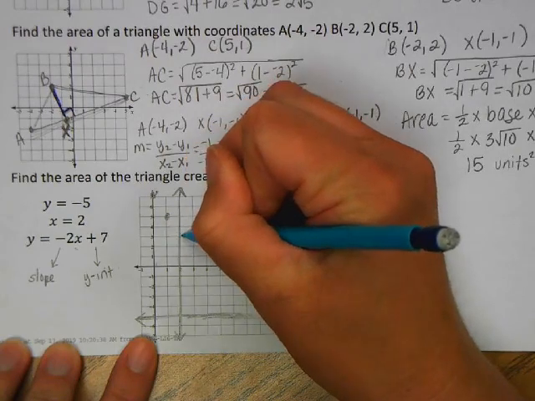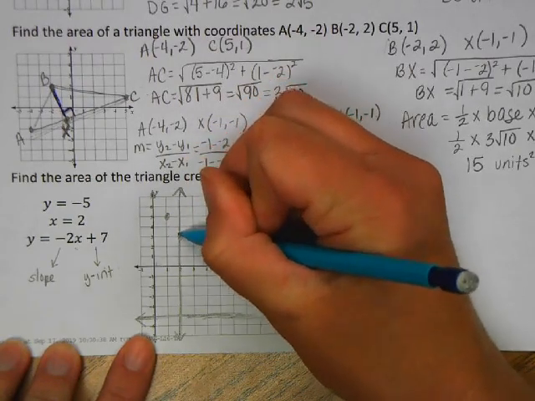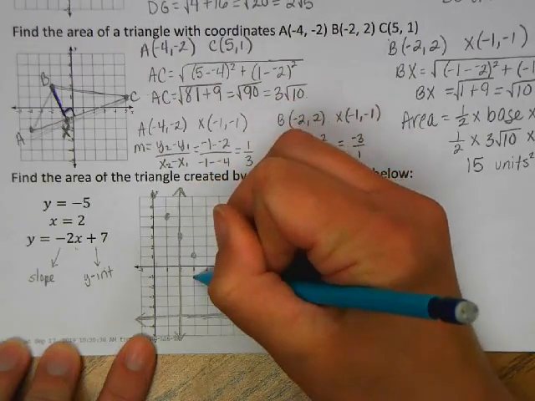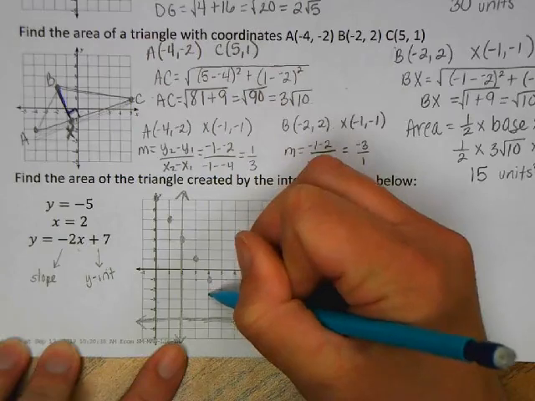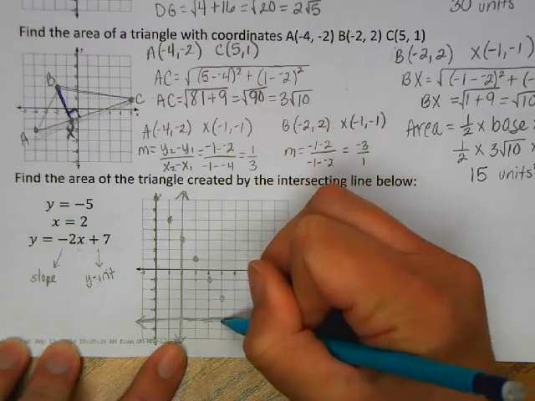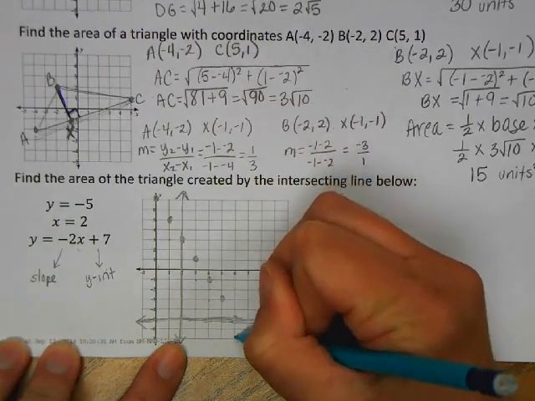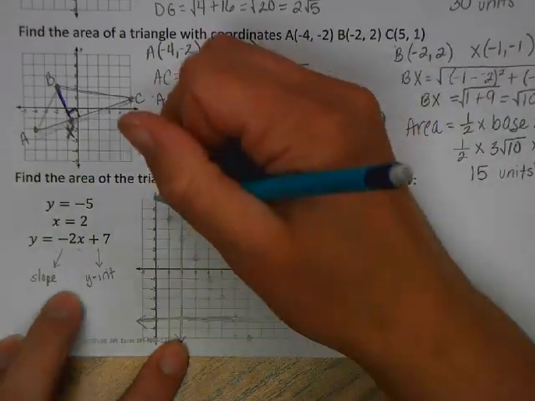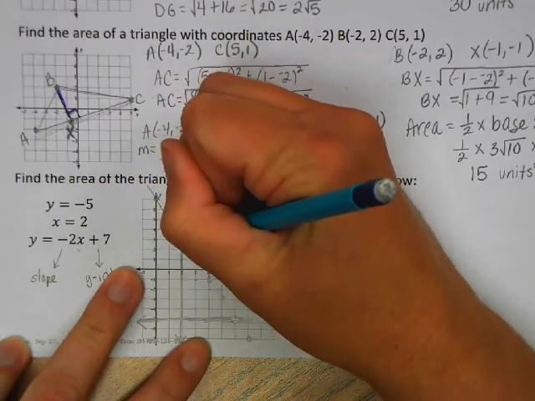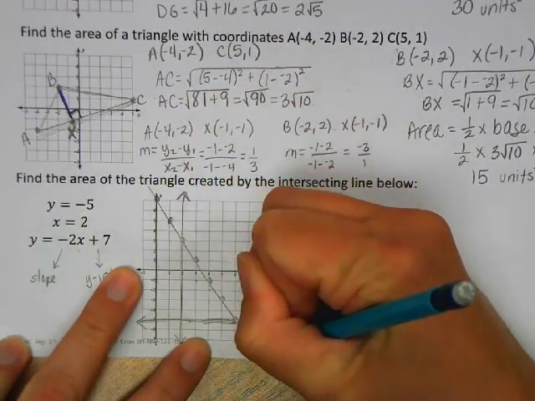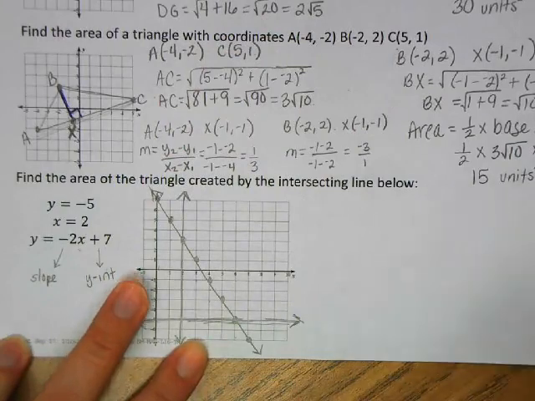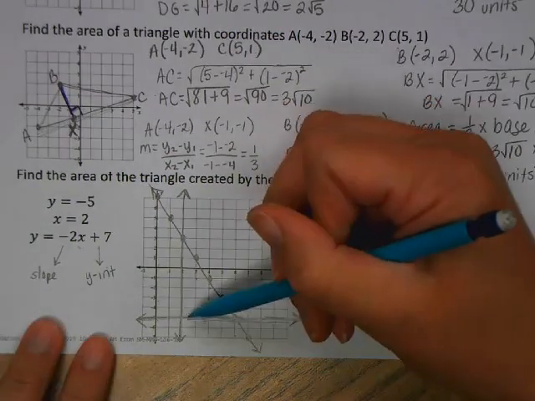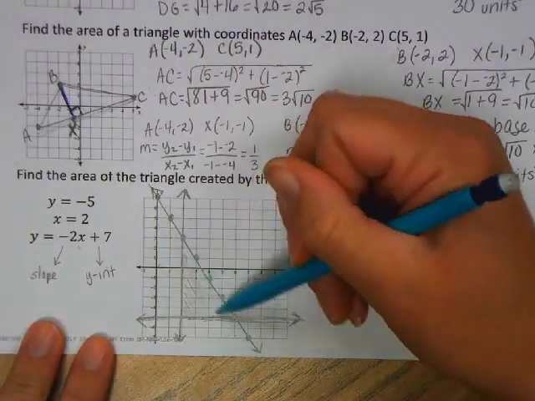Then down 2 over 1, put another dot, and keep doing this. So keep doing it until you run out of room, and then connect your dots. And that is the line y equals -2x plus 7. So you'll see this triangle that was created.